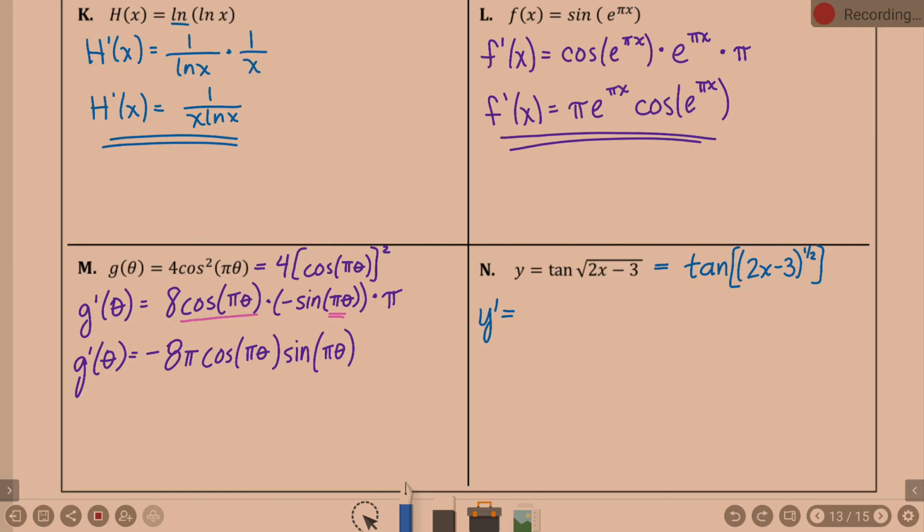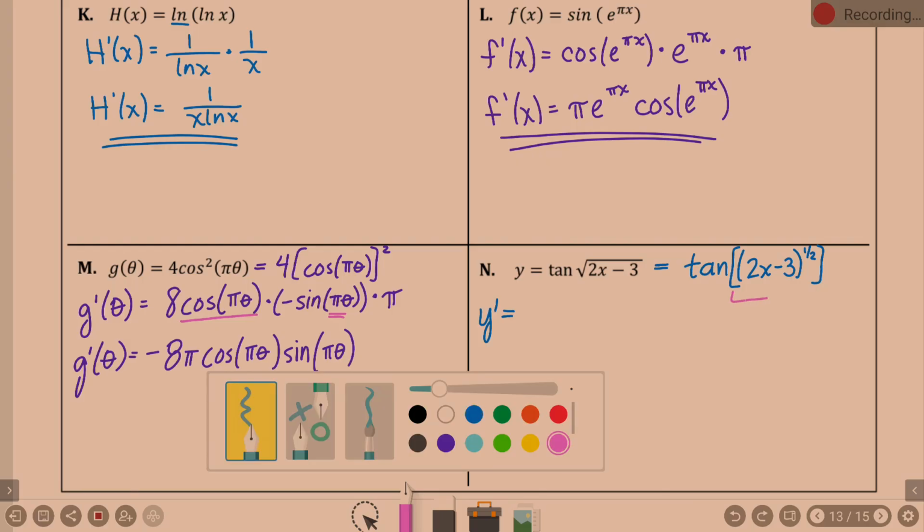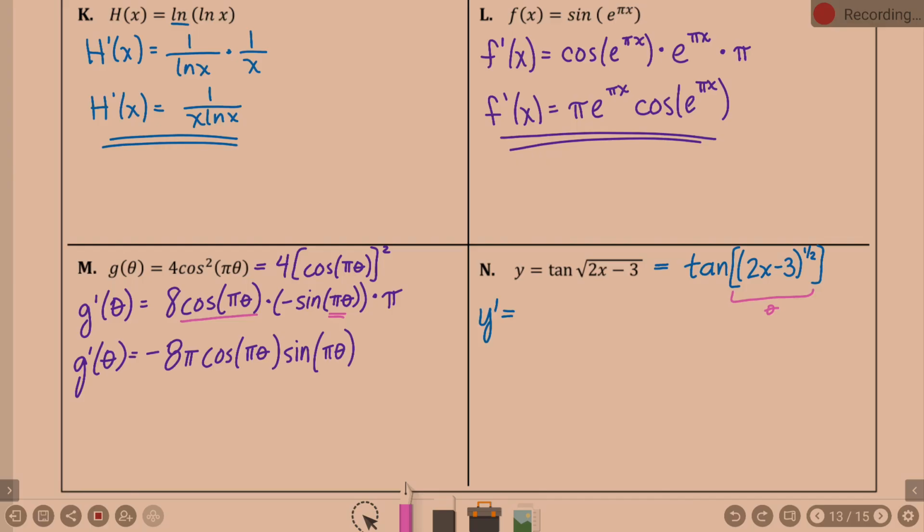Why is it any different if it's squared? Because if the function was squared, it'd be right here, like a tan squared or a tan cubed. This is not. The whole thing is just a plain old tan, but what would normally be your theta, this whole thing here is in place of theta.